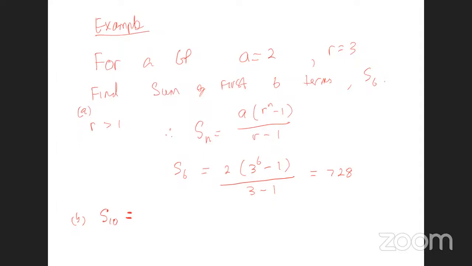Right? So just plug in a different value: 2 times 3 to the 10 minus 1, all over 3 minus 1. And most people got 59,048. Correct? Yeah? Okay, so good. So that just gives us an idea of how to use this, right?